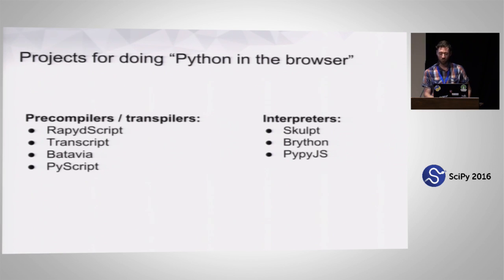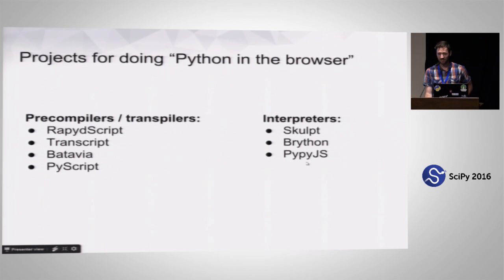One are pre-compilers or transpilers, which basically come down to taking Python code or Pythonish code and transpiling it to JavaScript. So that's like writing JavaScript except using a Python syntax. And PyScript is the Flexx component of doing that. So the transpiler of Flexx falls in this category.